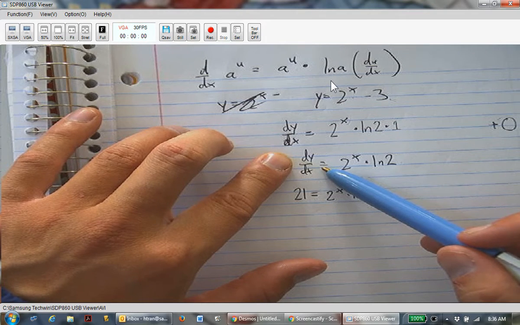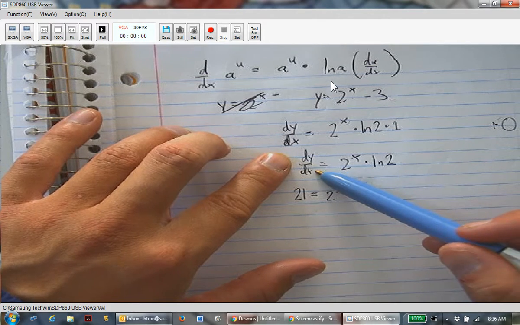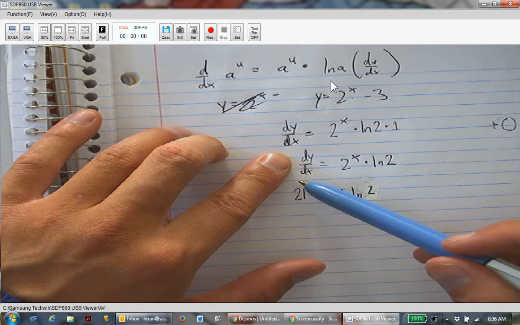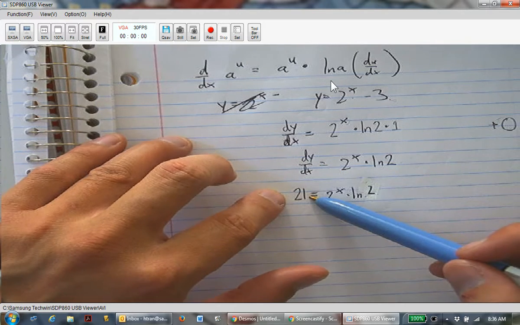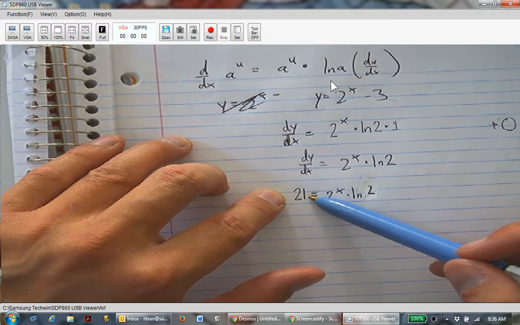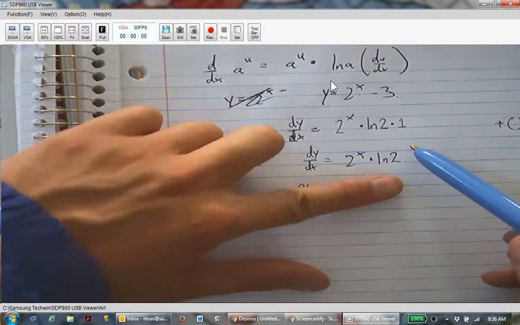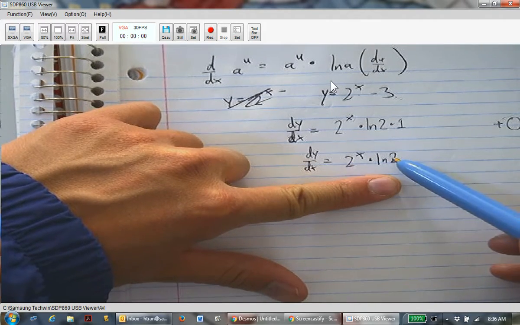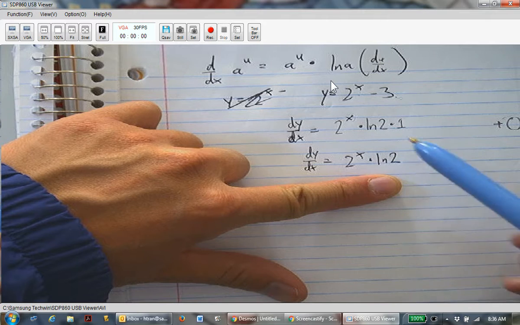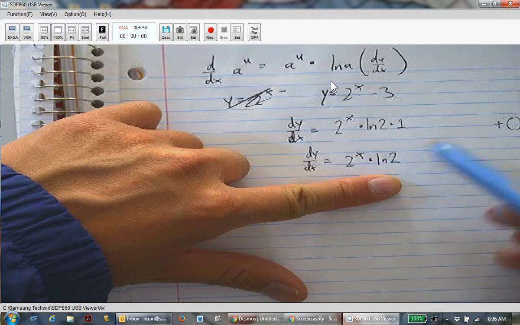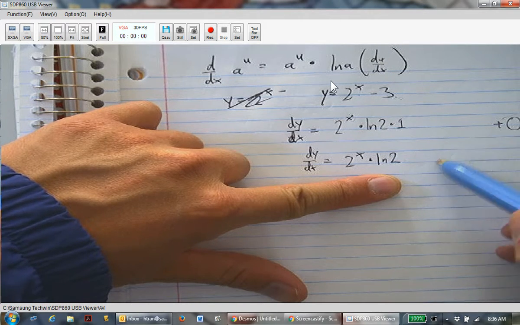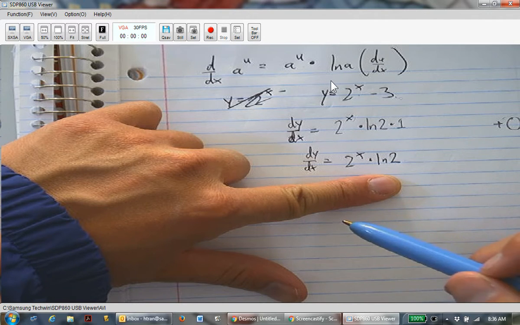But you're going backwards because they said at what point are you going to find the slope of 21, the derivative at 21. So again, this function that we just came up with is a derivative function. That means that I could figure out the derivative or the slope of the tangent line at any x point. You pick.